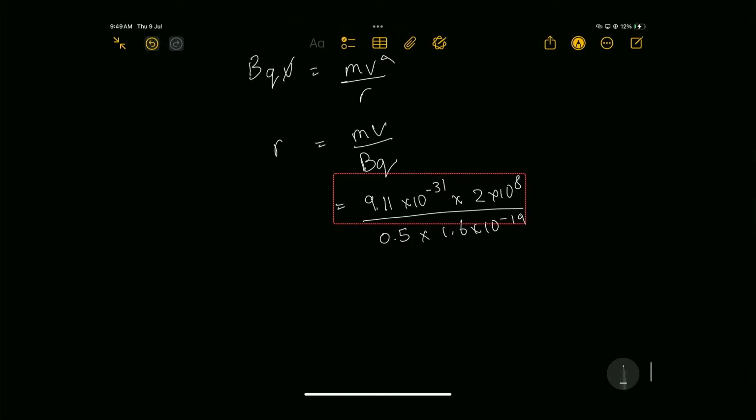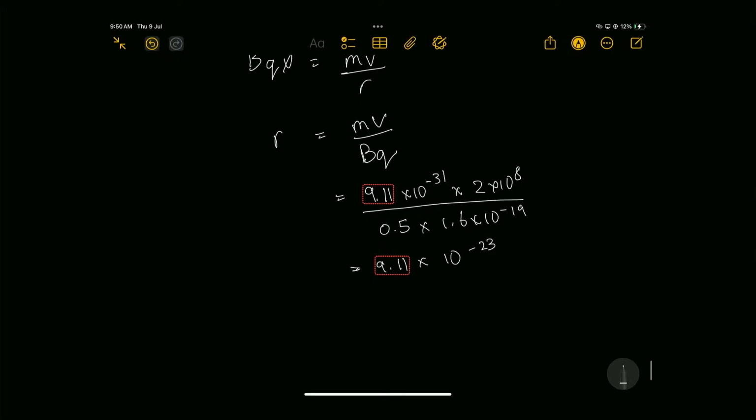Right, now we could do some simplification. 9.11 multiplied by 10 to the negative 31 plus 8 is negative 23. Two multiplied by 2 is 4 over 1.6 times 10 to the negative 19.